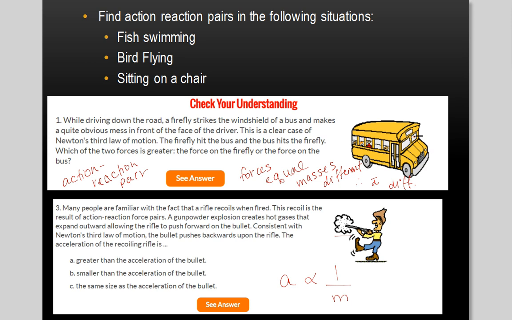So if the mass is very large, the acceleration is very low. The firefly has a very small mass, so the acceleration is quite large. It's so large that its particles poof and become a goopy mess on your windshield.